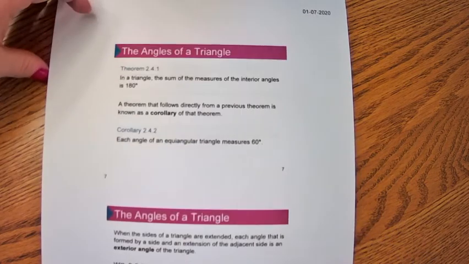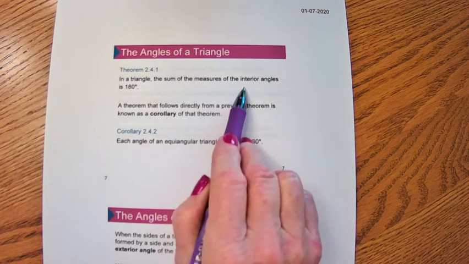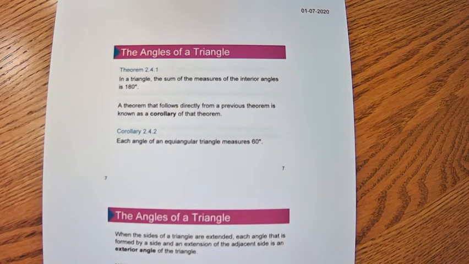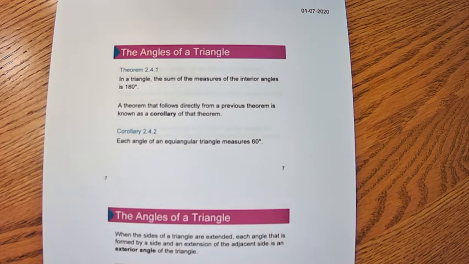Now here are some properties that are true about triangles. The sum of all the measures of the interior angles is always 180. We're going to use that so often. When you add up the measure of all three angles in a triangle, it's going to equal 180.